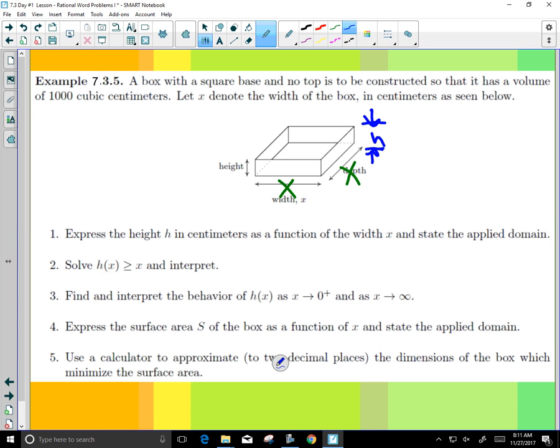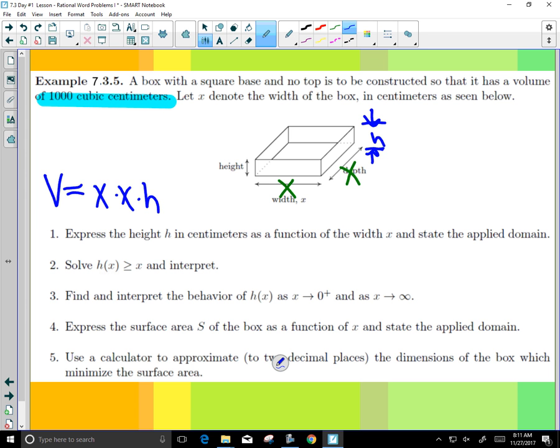Oh, I like this one. This is good. So the volume is going to be equal to x squared times h. Did they tell us what the volume is? Yeah, it's 1,000 cubic centimeters.